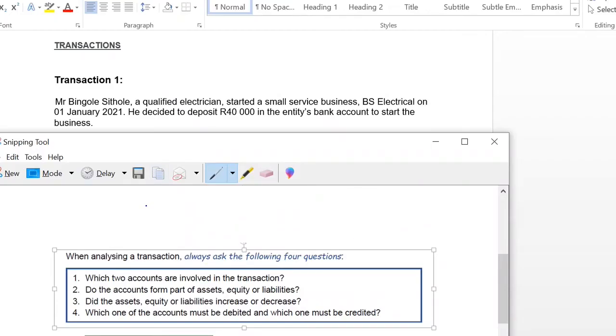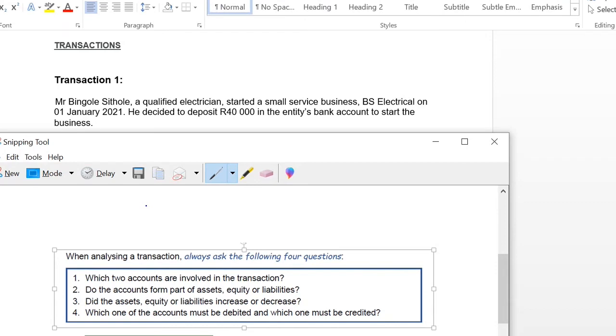Mr. Bongole Sithole hired you as the bookkeeper accountant of BS Electrical. At the end of the month, you need to do a bank reconciliation.